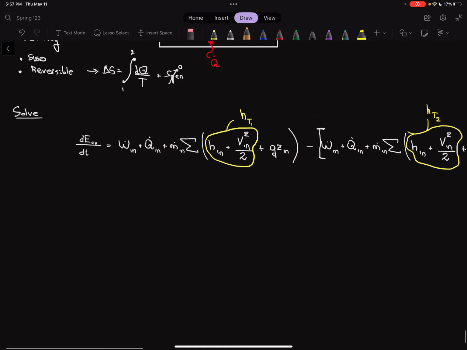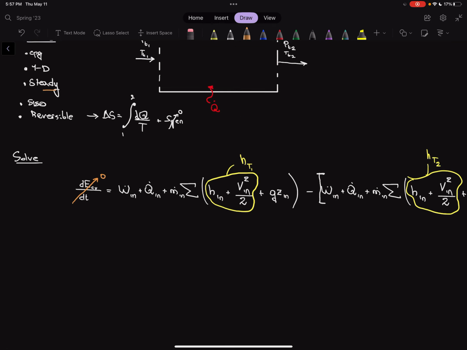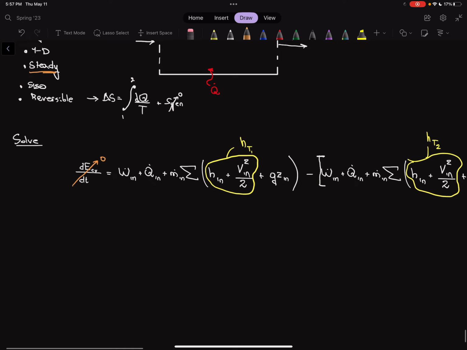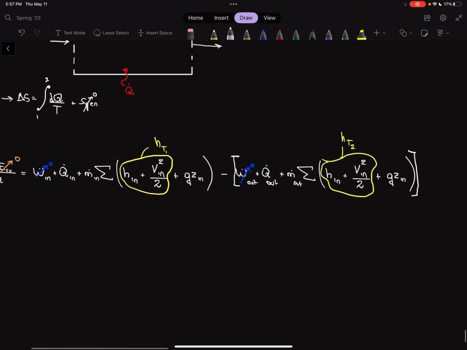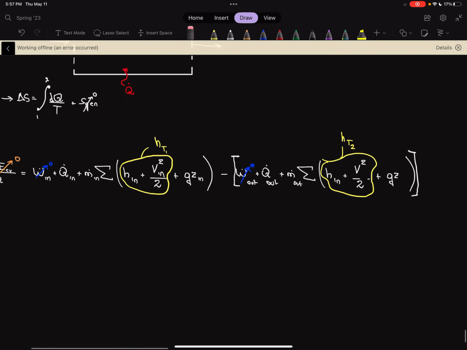And then we're saying it's steady, so this is going to be 0. And we're saying that there is no work in, no work going out. There's Q in, but there's no Q out. I'm getting confused by the subscripts here because I forgot to change them. This is out, out, out, and these are also out and out.